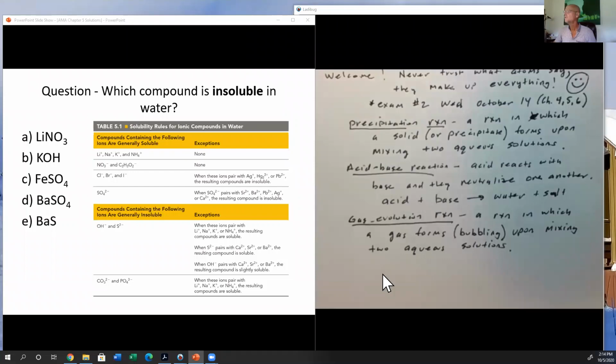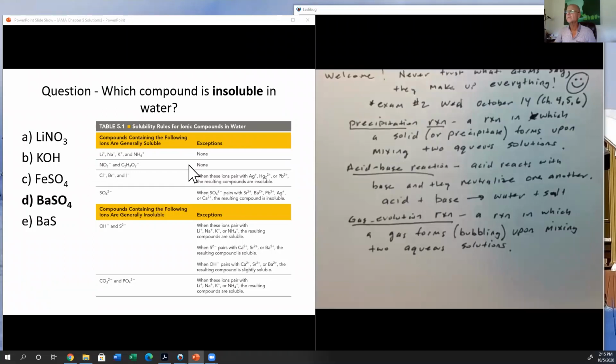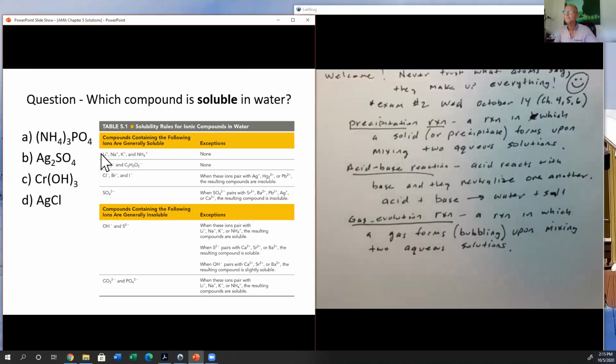A lot of you put D, which is the right answer, so that's great. A few of you put B, so we'll look at why that is not the right answer. Let's go through each one really quick. Lithium nitrate, right? Since it's a nitrate, it contains NO3, we know immediately that it's soluble. Also, since it contains lithium, we also know that it's soluble from that.